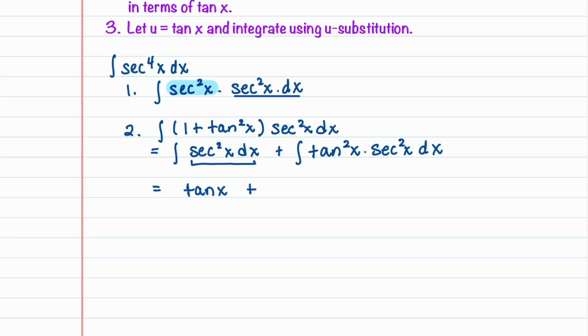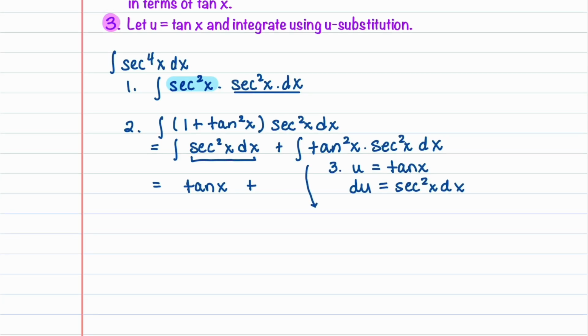Plus, and then for the second one, we have to go back up to the top and look at step 3. We are going to let u be equal to tangent x and then use u-substitution. Over here, let's write our step 3, and we're going to say u is equal to tangent x. Du is equal to secant squared x dx.